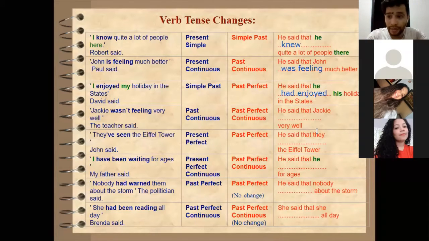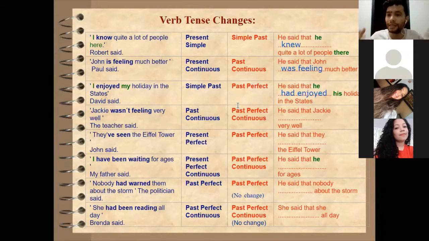But now wait a second. The grammatically correct version is the one that you can see right here, right? Simple past, past perfect. This is the one. But there is also another version that is possible in the end that you can use. And that is that when you use a simple past sentence and you want to report it or put it in the reporter's speech, you can also use the simple past.